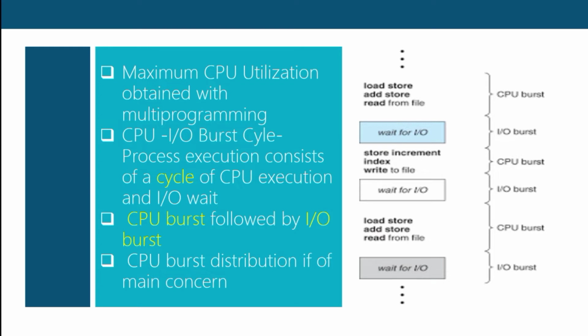Here, as you can see, the illustration of the CPU input-output burst. The CPU burst is when the process of the program is running by the use of the load, store, add, and read from the file. In waiting for input-output, this is when the CPU needs to wait for input-output peripheral. And it continues.